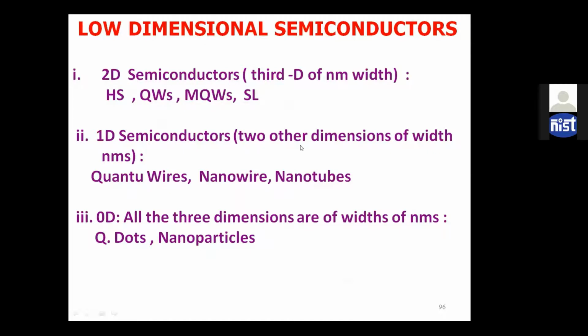If we reduce two dimensions, that means the motion along two directions is quantized, then it becomes a 1D structure like quantum wire, nanotubes. And if the motion of the electron along x, y, z is all quantized, then we say it is zero dimensional, like quantum dots.